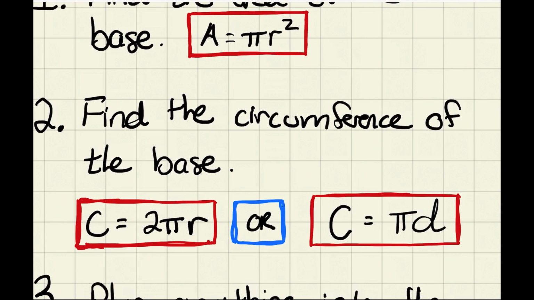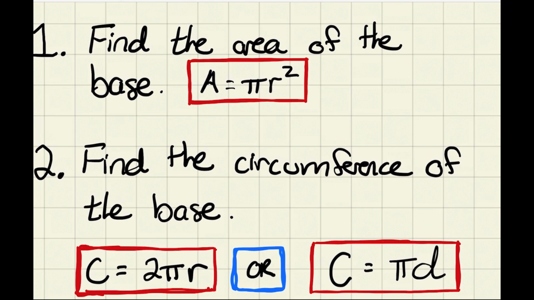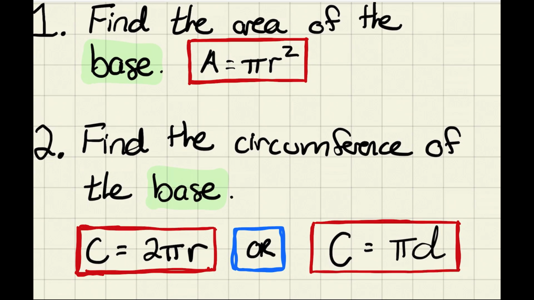The second thing we're going to do is find the circumference of the base. So notice here that the very first things that we do with this cylinder are with the base. We're finding the area and circumference of the base. We're working only with the base. And the only thing we know about the base is either its radius or its diameter. And if you know one, you know the other. The circumference formulas are here.